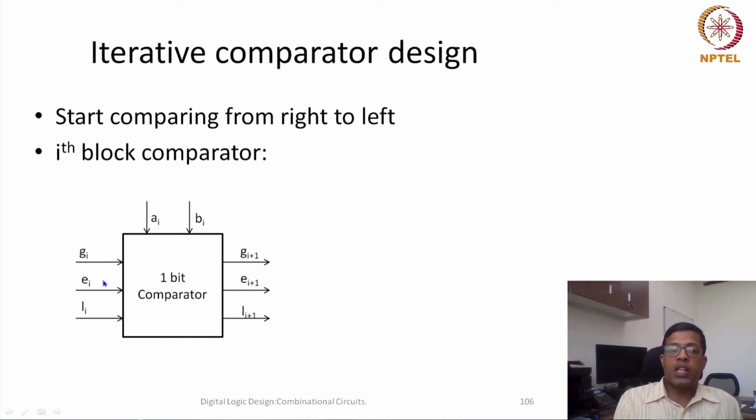If Ei is 1, that means from the 0th bit to the ith bit, it has been found that A is equal to B. And Li equal to 1 means that from the 0th bit to the ith bit, it has been found that B is bigger than A, or in other words, A is lesser than B.